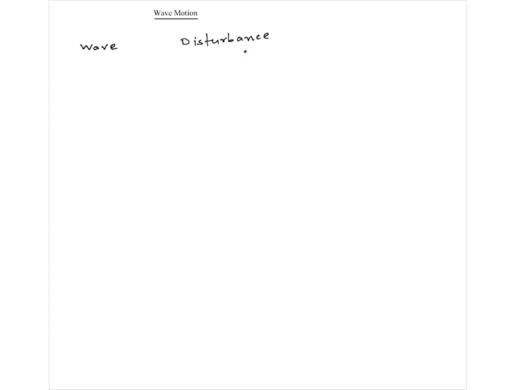To begin with, eventually you would see that it does not even have to be mechanical disturbance. But to begin with, let us talk of mechanical disturbance. Mechanical disturbance can be visualized very easily.